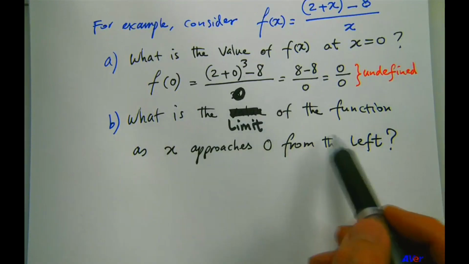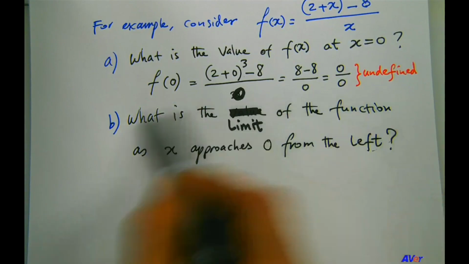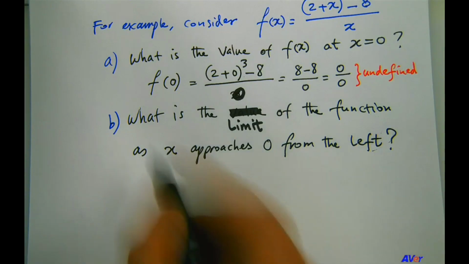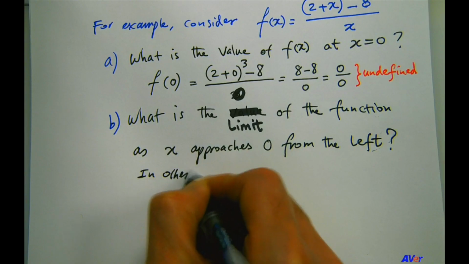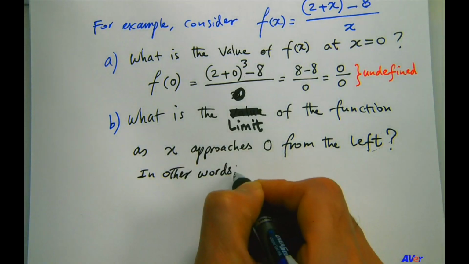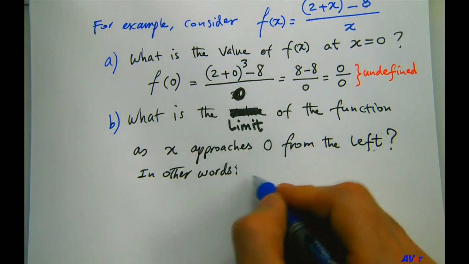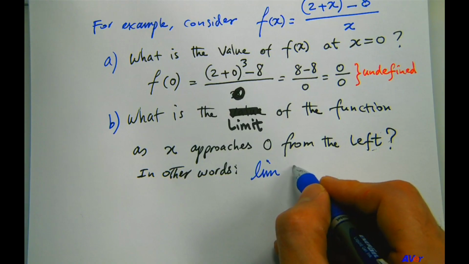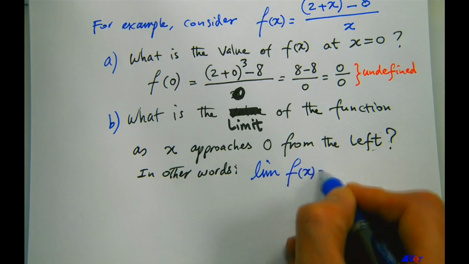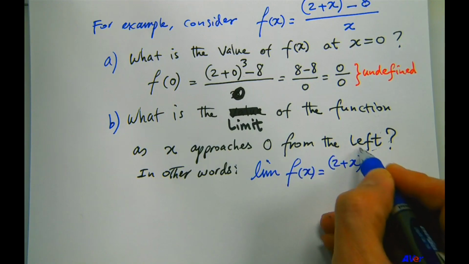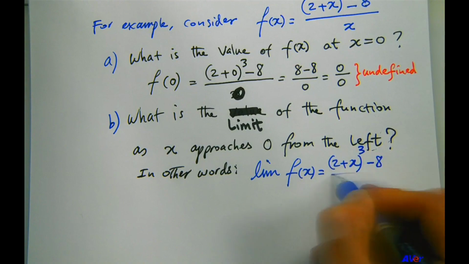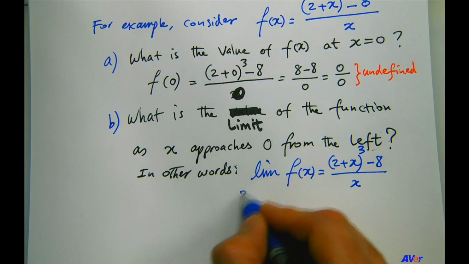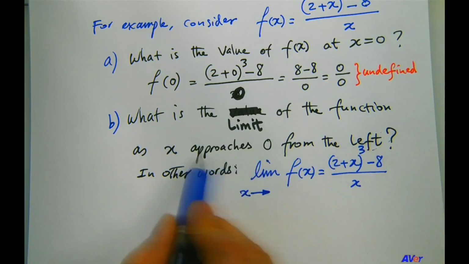So let's rephrase or reword this question using mathematical notation. In other words, we're asking the limit of f of x, 2 plus x cubed minus 8 over x, under the letters LIM, x approaching 0 from the left, right?